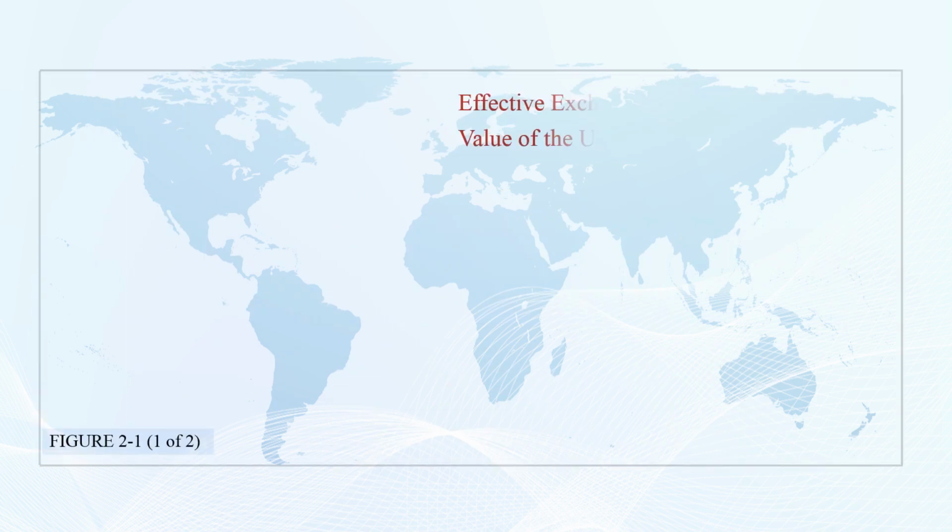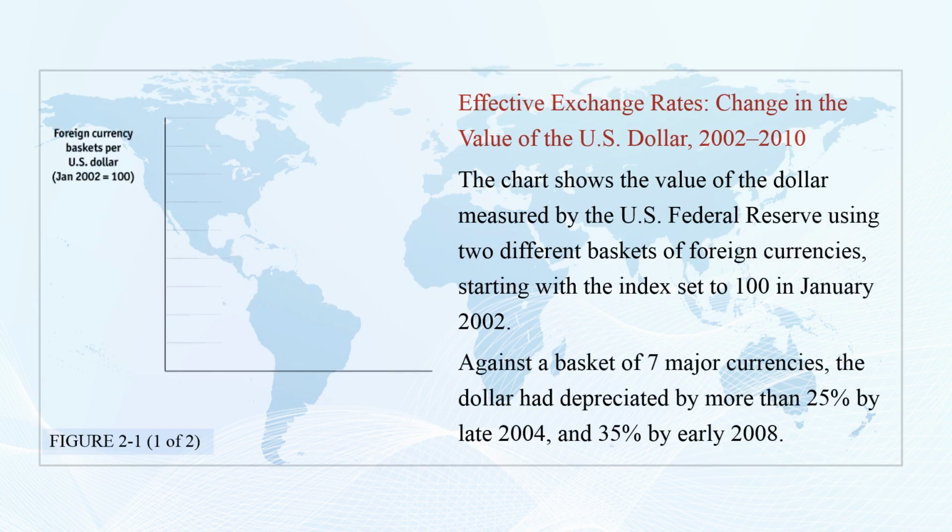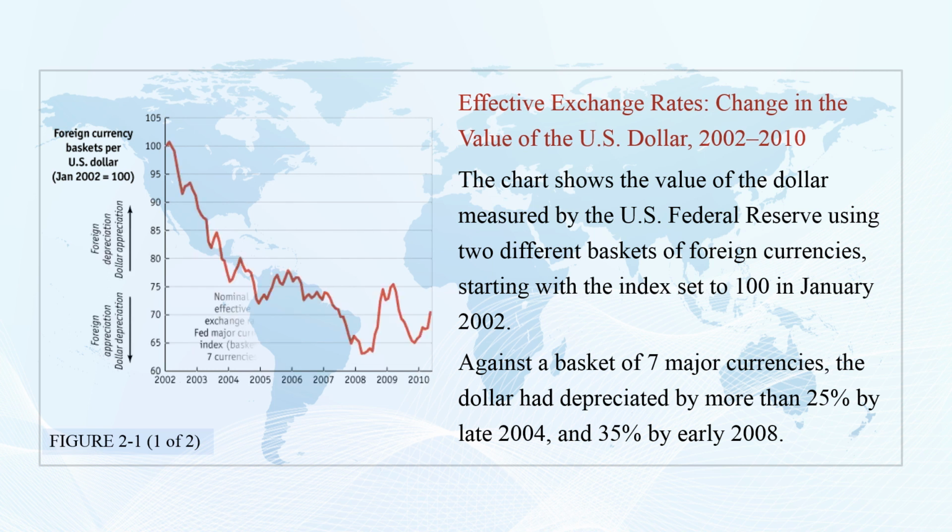Figure 2.1 shows the value of the dollar measured by the US Federal Reserve using two different baskets of foreign currencies. Starting with the index set to 100 in January 2002 against a basket of several major currencies, the dollar had depreciated by more than 25% by late 2004 and 35% by early 2008.